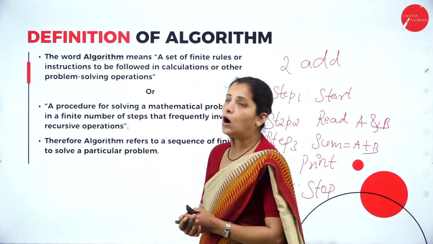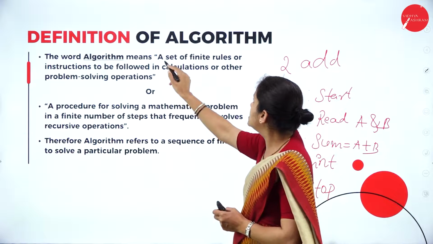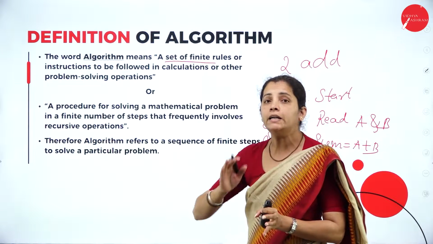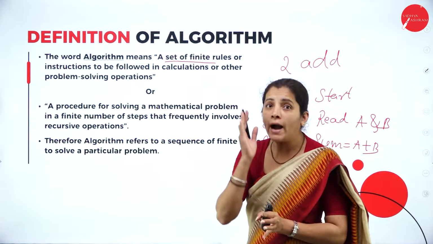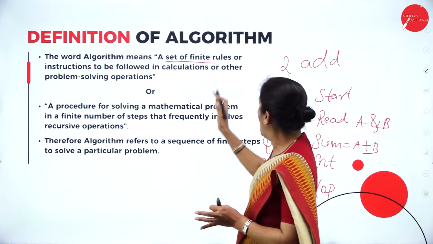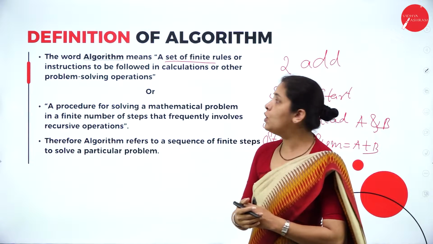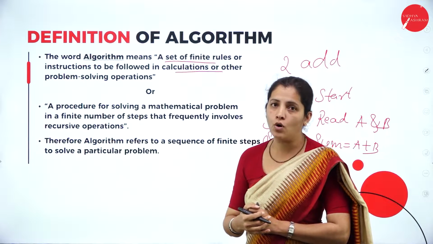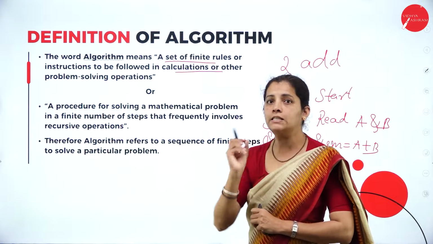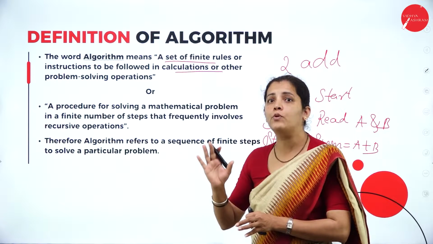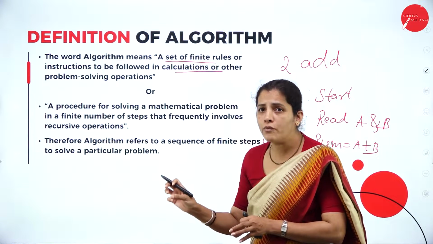So the word algorithm means a set of finite rules. It is a finite set of instructions or rules followed in calculation or other problem solving operation. Exactly how many steps I require to solve the problem, so a finite number of steps.